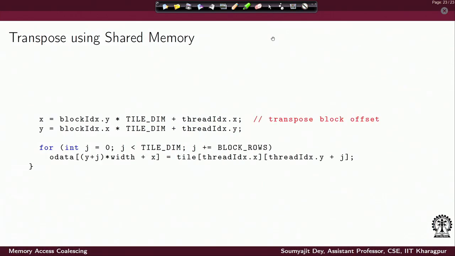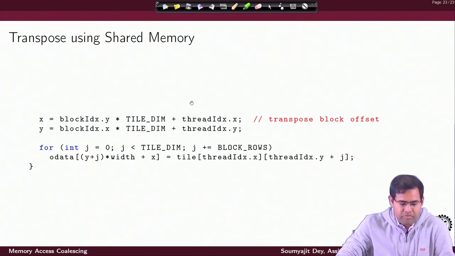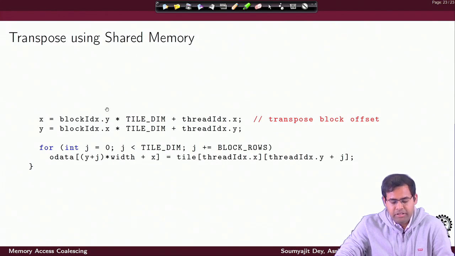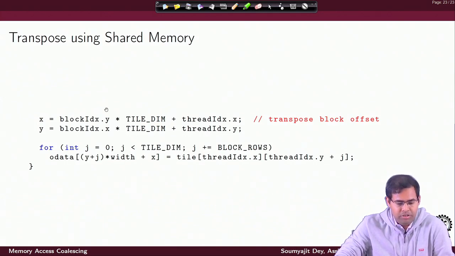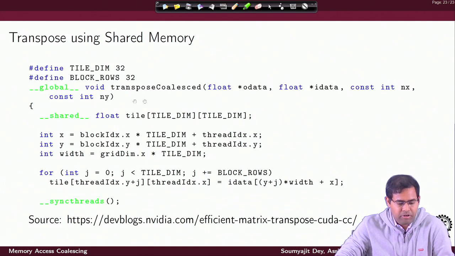The next part which is interesting here is that the thread now has to figure out where in the output matrix it is going to write the data that it has loaded into the tile, right. I hope this part is clear to everybody.